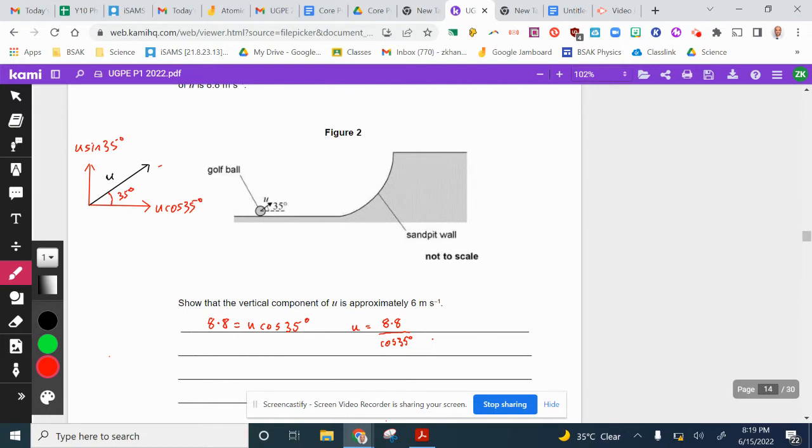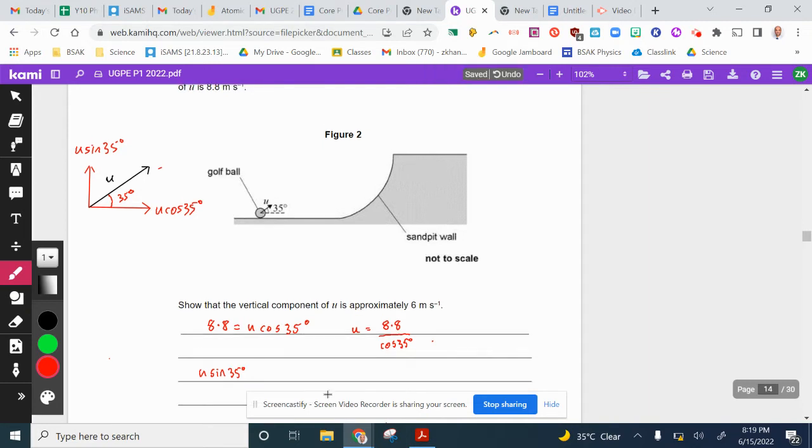But we also know that we now want to work out u sine 35 degrees, because that's the vertical component that we are looking for. It says show that the vertical component is 6 meters per second. So now we have to show that this here is 6 meters per second.